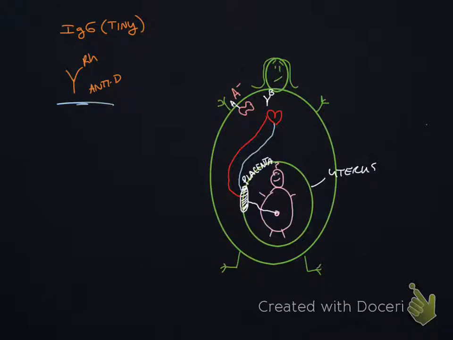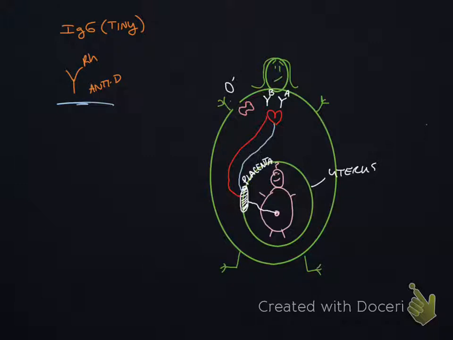Okay, I changed my mind, let's make her O negative so that she has no antigens and both A and B antibodies. But no Rh antibodies right now.